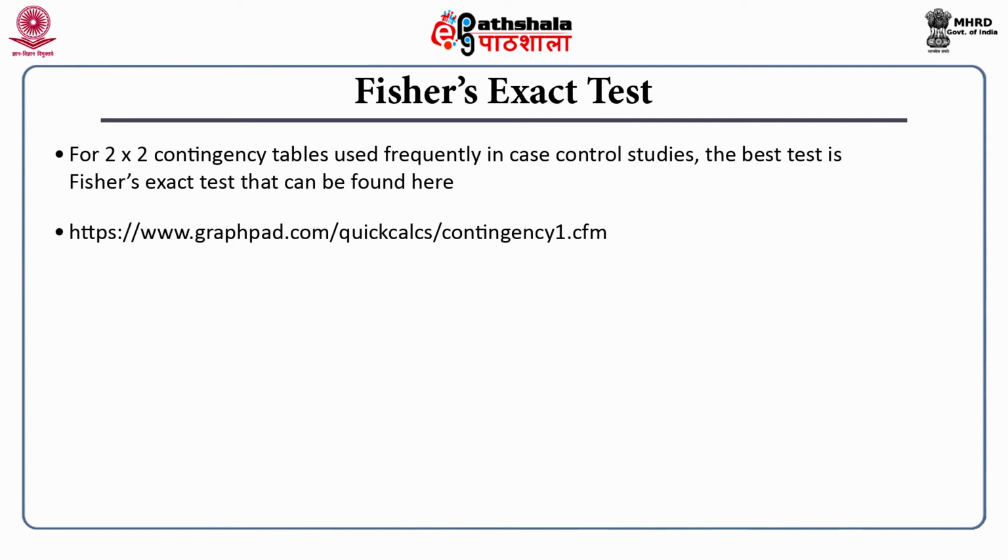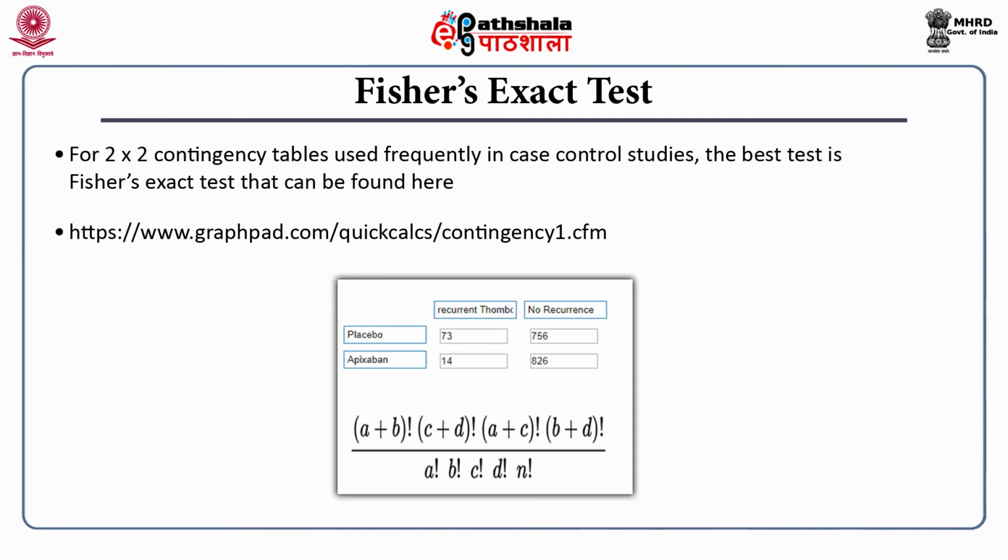All you have to do in that quick calc is input your observed frequencies into the empty cells, for example 73, 756, 14 and 826. Click on it, and that will tell you exactly the test statistic in Fisher's exact test.